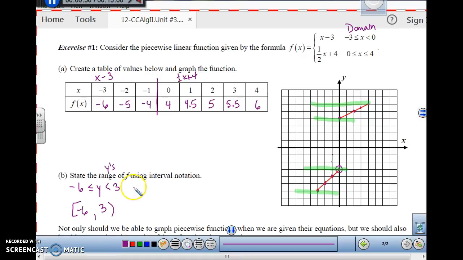Okay, and in union with, that's what this means, in union with, we have the other part over here. So this y starts at 4, and it goes until you get to 6. So in interval notation, that would be bracket 4, comma, 6. So this is set builder notation, this is interval notation. So you can see this actually has two different ranges.